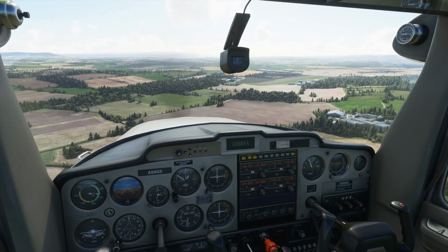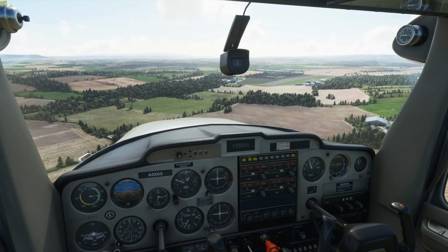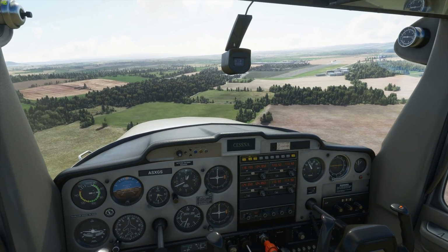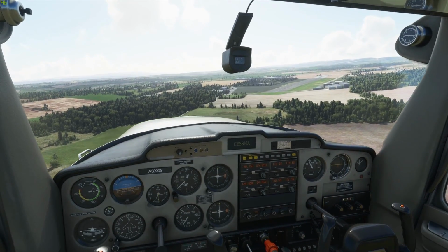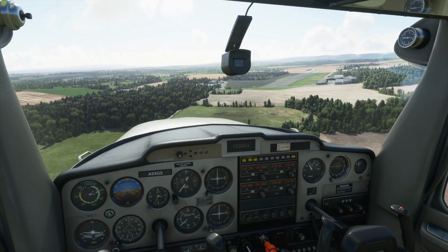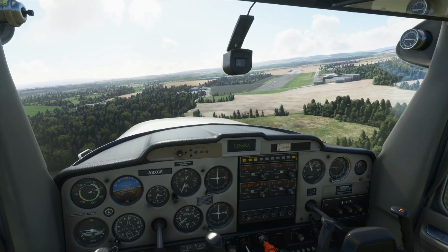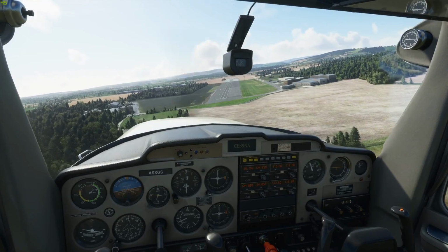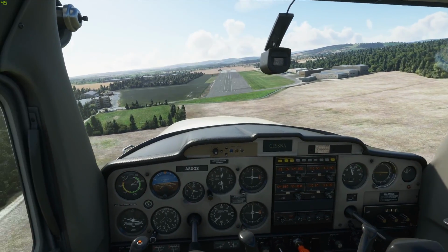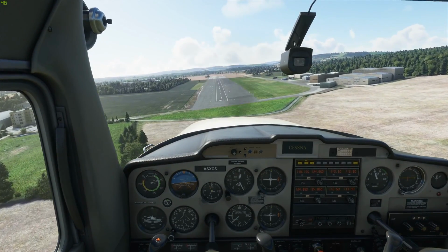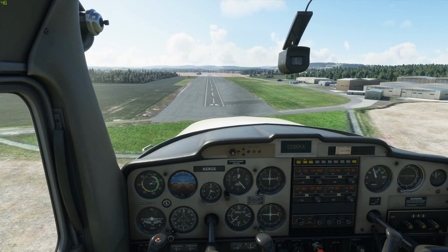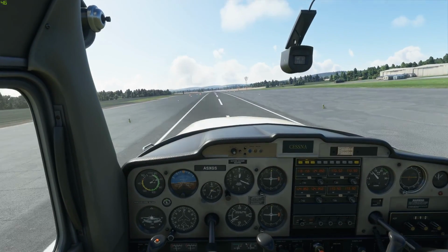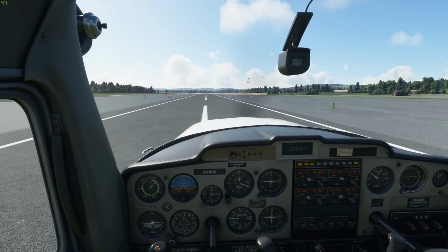Oops. There we are on the puppies. Cut the power at the threshold. There we go.